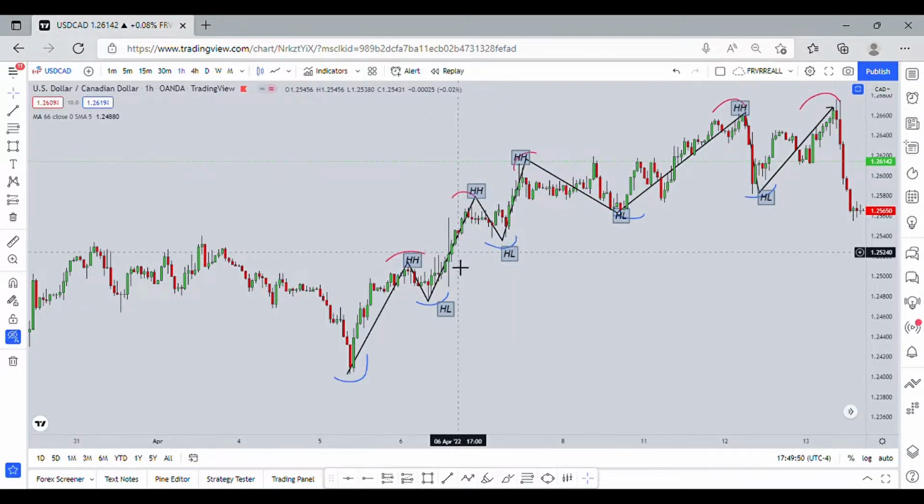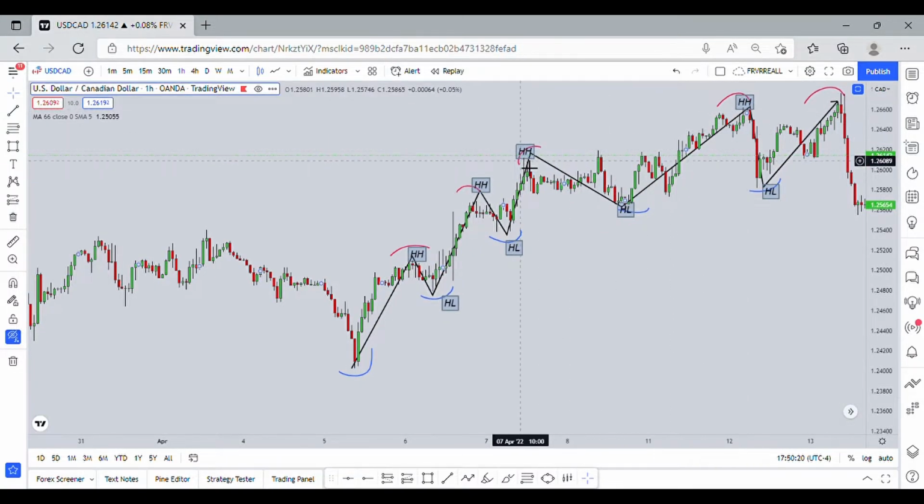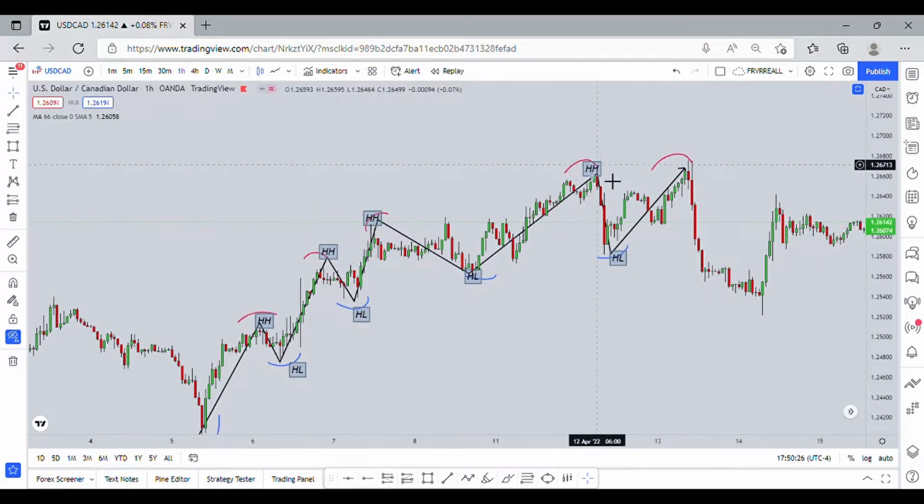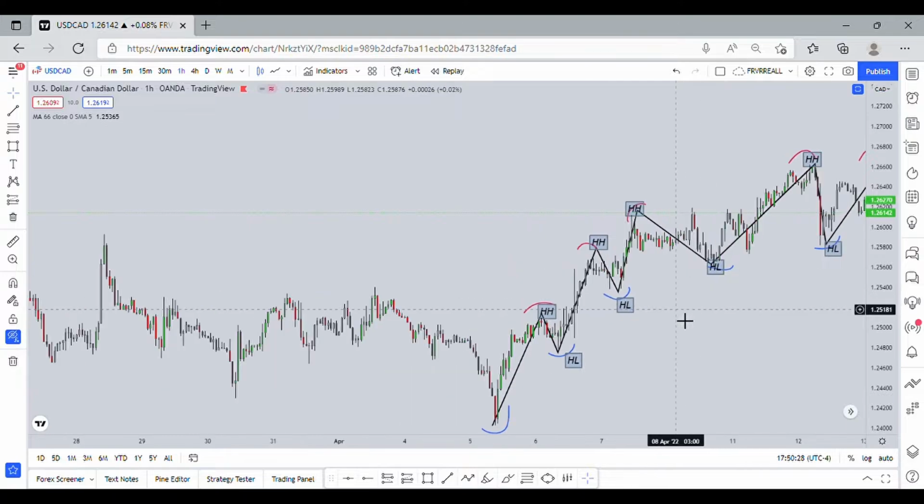This low is higher than the previous low, so it becomes a higher low, and then it makes an impulsive move, and this high is deemed to be a higher high because this high is higher than the previous high. And then higher low because it's higher than this low, higher high because it's higher than this high, higher low because it's higher than this low. And the market keeps doing that over and over again.